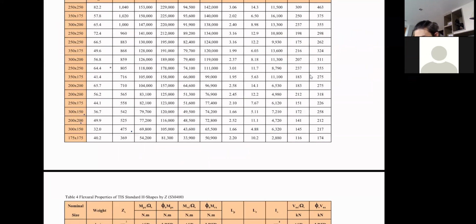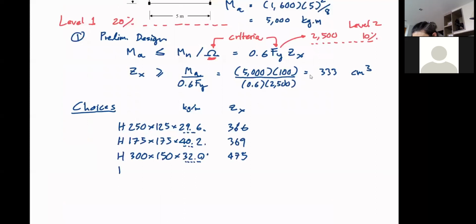Another one. That's 49.9, heavier than 175 then. And now you have more plastic section modulus with a lot more weight. Now compare this. It's like a 50% increase in weight.